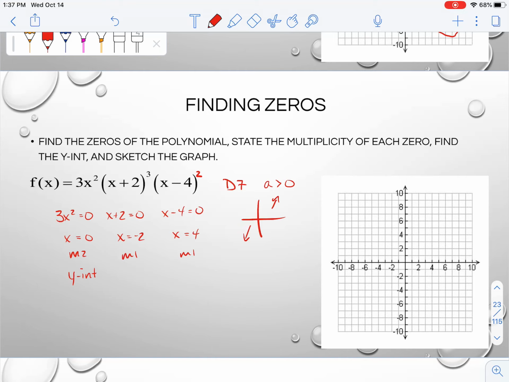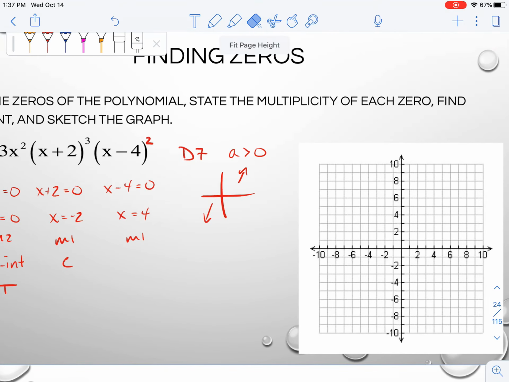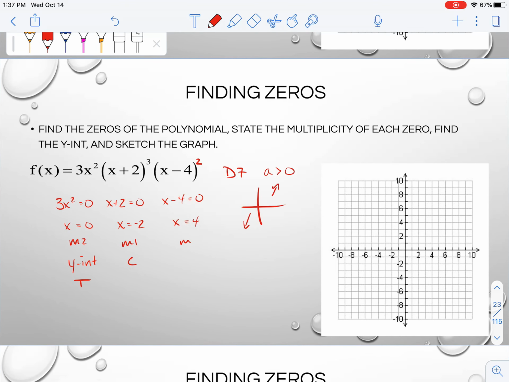At my y-intercept, I'm going to touch. Oops, excuse me. Let me go back. And I'm going to cross at negative 2, but because I made that change up there, my multiplicity at 4 is going to be 2, and I'm going to touch at that point as well.